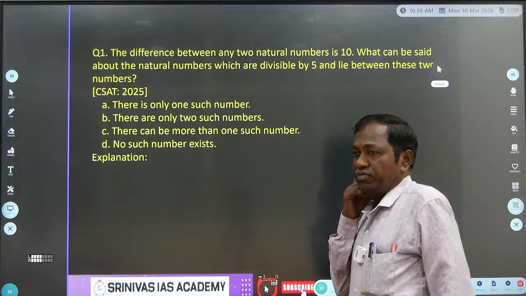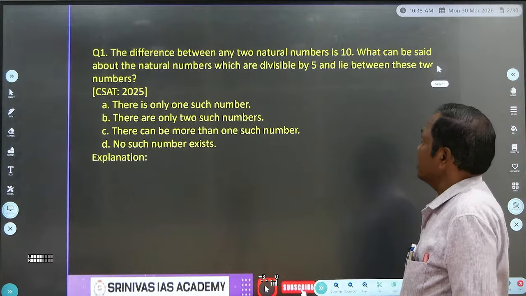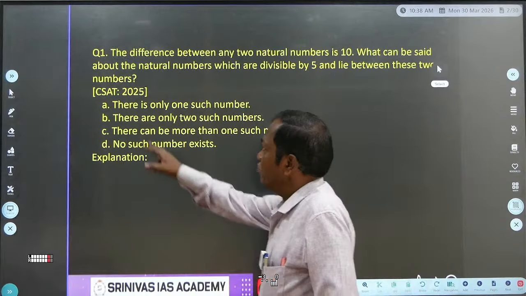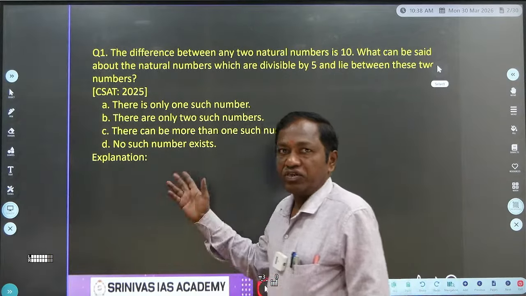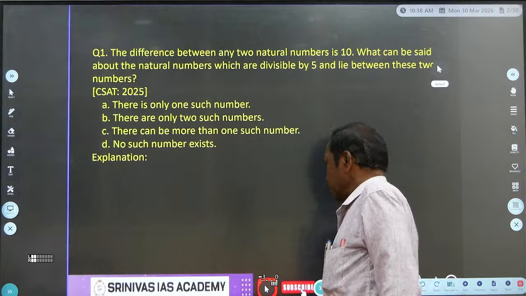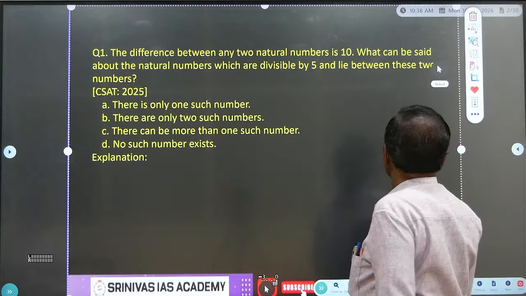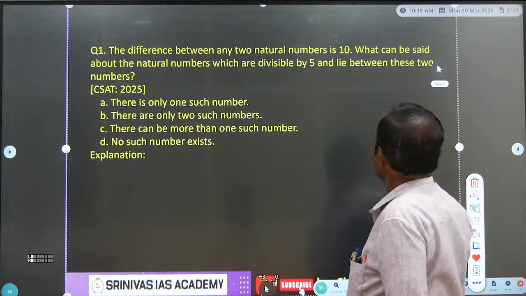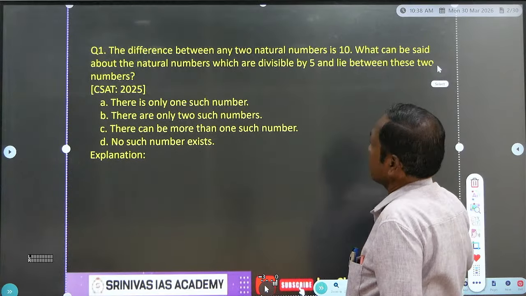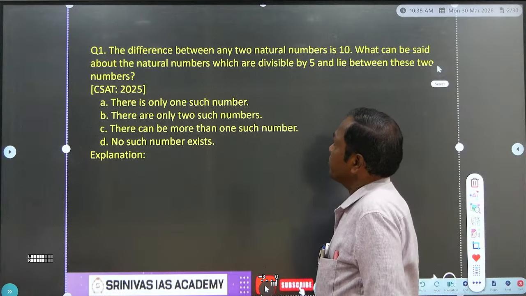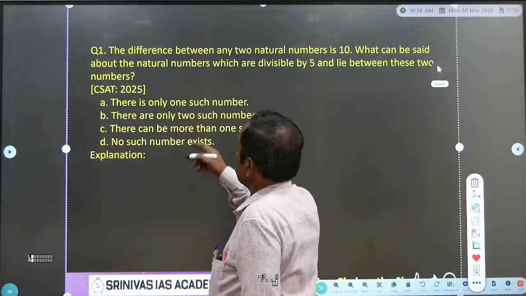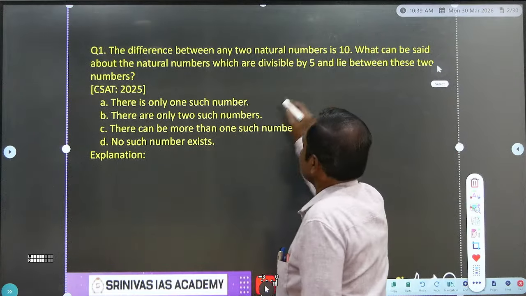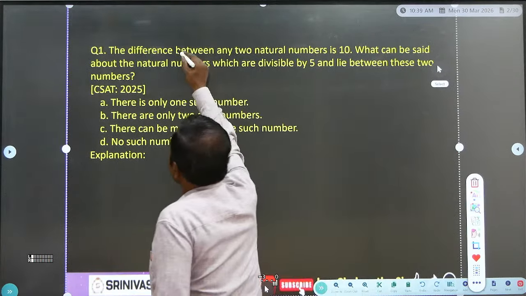Come back to the session now. See that this question appeared in 2020. That's last year's question.